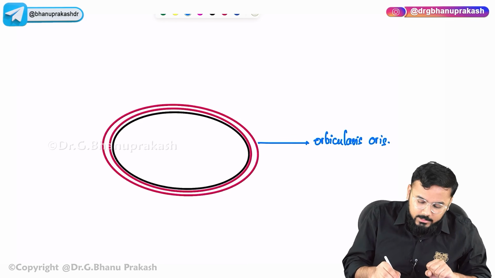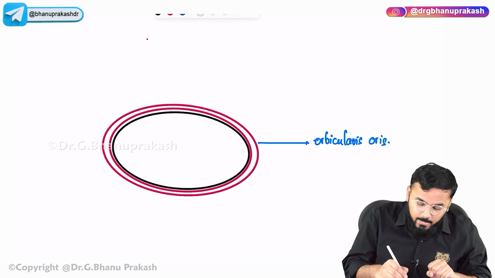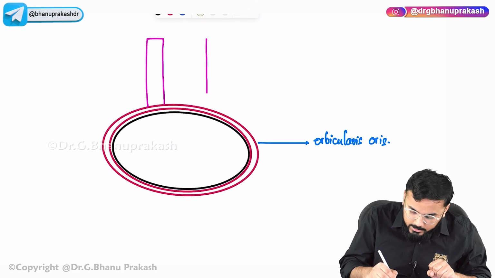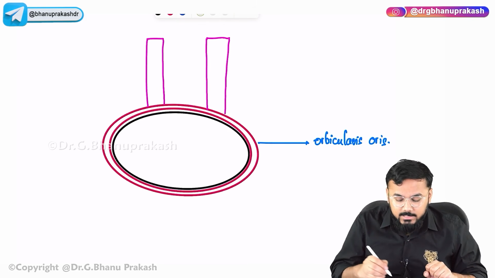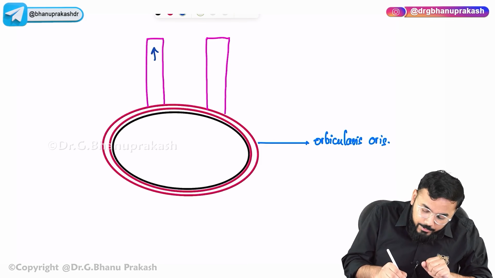Next, after this there is another muscle located on the top. These two muscles are attached to the upper lip, so that is why they are going up.